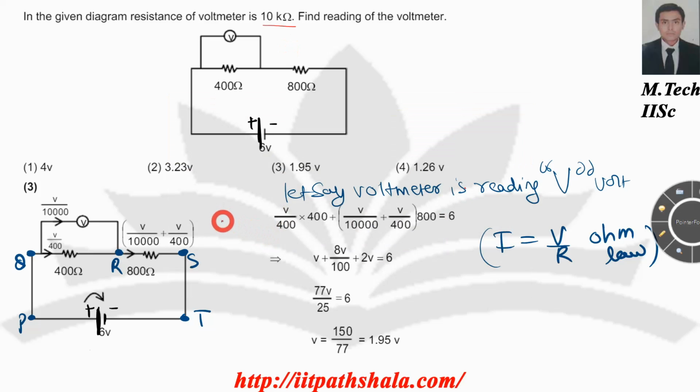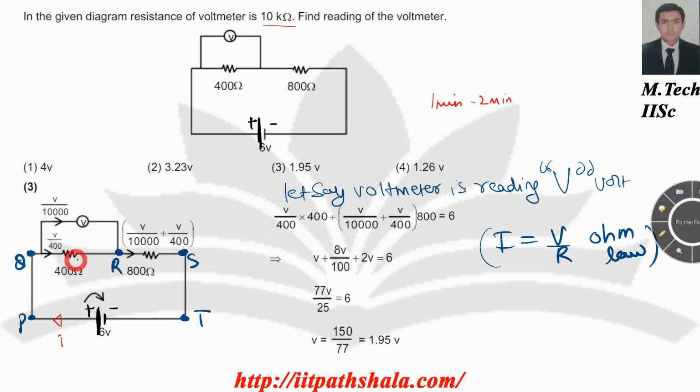Now let us say the current supplied by this battery is I. If I go by the method which says that you have to account for the current in each of the branches, I will be doomed, because I have only 1 minute or maximum 2 minutes to solve the following question. So what I can do is find the current in each branch as follows.